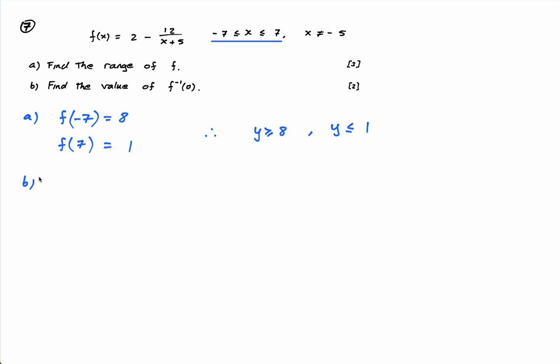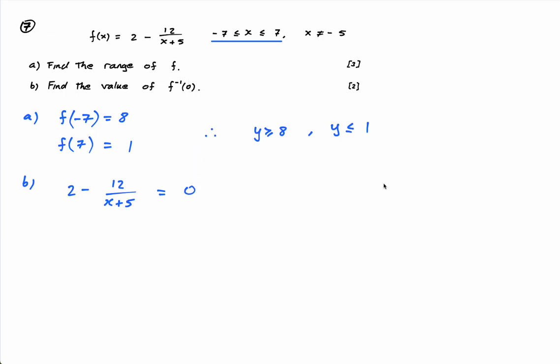Part B, find the value of f inverse of 0. The easiest way to do this is to find, because f inverse of 0 is like saying, since it's the inverse function, what was the input when the output was 0? So it's like saying 2 minus 12 over x plus 5 equals 0.